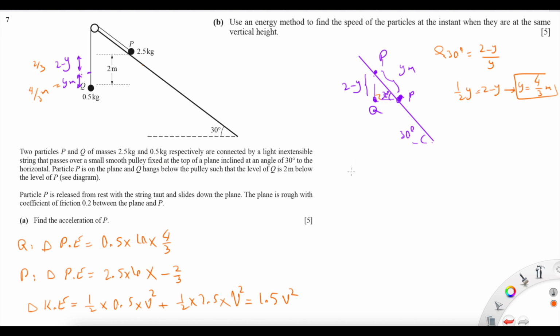Now we have friction here. Work done by friction will be equal to F d. Friction is mu R times d, so it will become mu, which is 0.2, R is mg cosine, m is 2.5, g is 10, cosine of 30, times the distance traveled, which is y meters, which is 4 over 3.